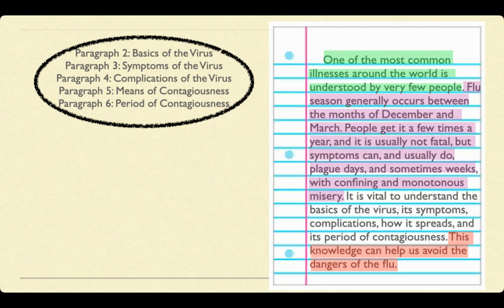So there are 5 body paragraphs that support the thesis of the essay, which is this knowledge can help us avoid the dangers of the flu. Let's look at each of those body paragraphs.